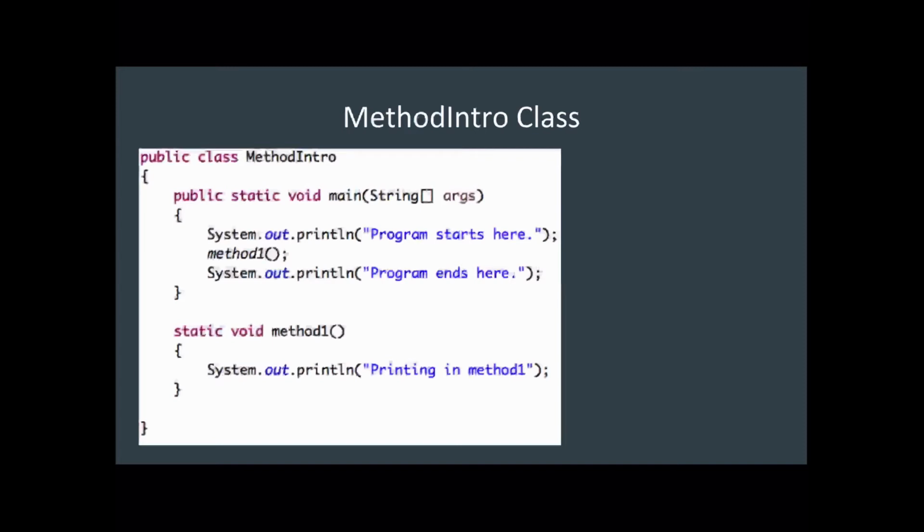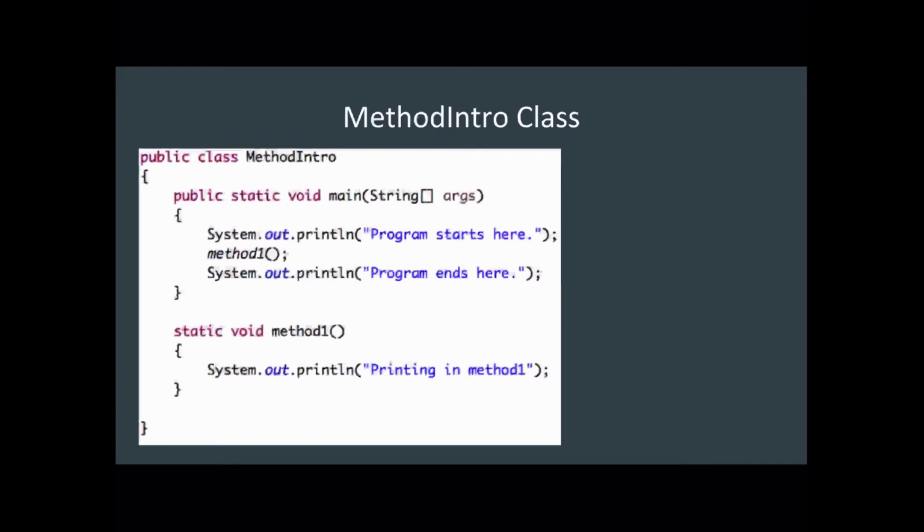So an example here. The main method is what we have at the top of the screen here, the public static void main. When you press run, those 2 lines, the print statements and the method 1 call, notice that second line of code in your main method is referencing this method 1 that exists down here. So it's going to print out program starts here. Then with the method 1 call, it's going to look down here and run whatever segment of code exists in method 1.